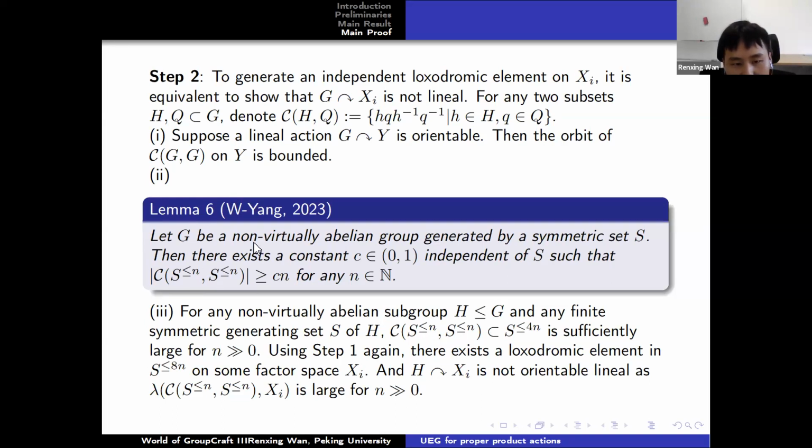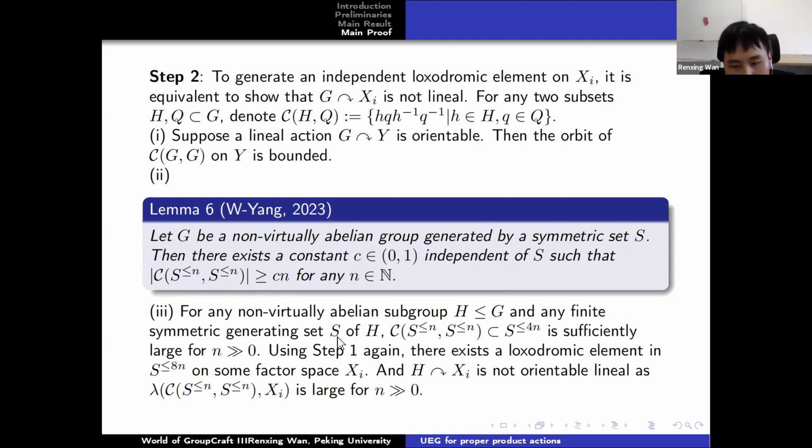By lemma 6. And notice that this commutator set still is contained in the ball of radius 4n. So since this commutator subset is large enough, then we can use step 1 again.